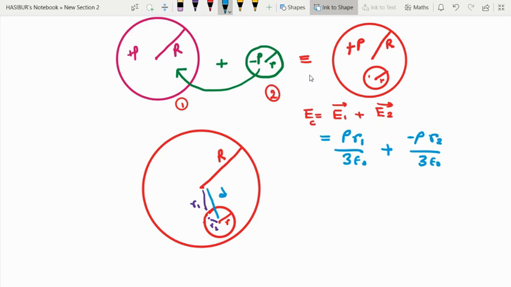So the final electric field turns out to be rho upon 3 epsilon naught times r1 minus r2. This r1 minus r2 is d, the separation between the two spheres. So it will be rho d upon 3 epsilon naught, and d is constant. So the electric field inside this cavity at any point will be uniform.